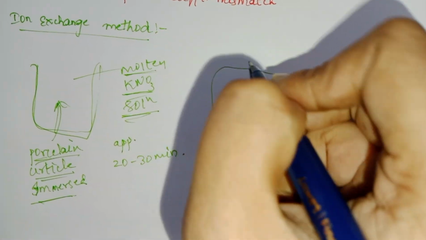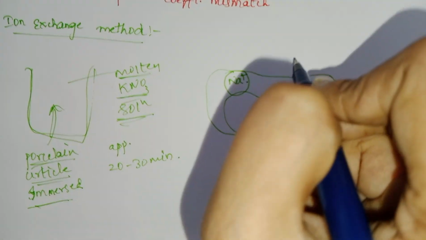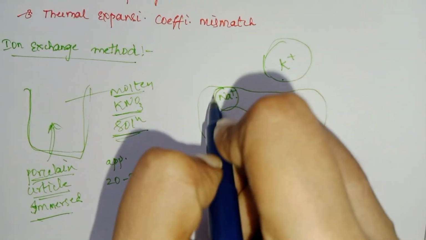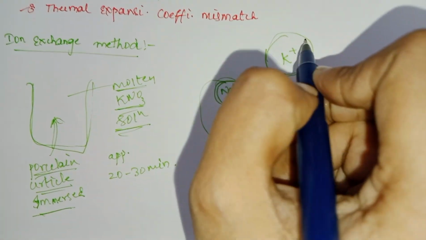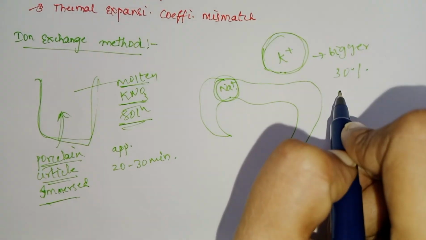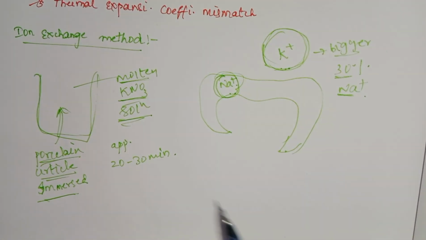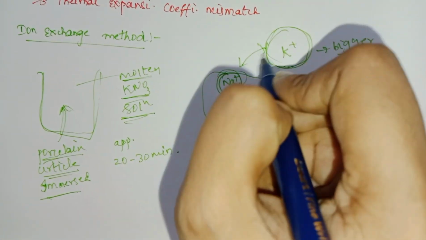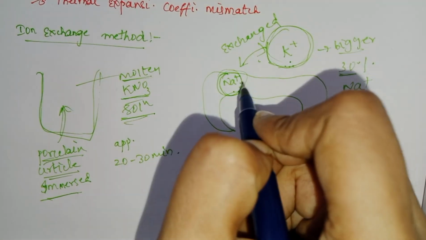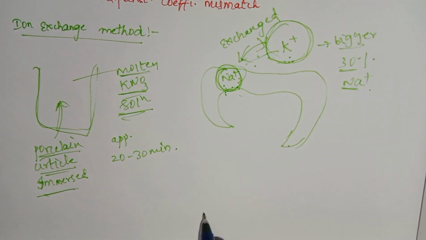At this time, the sodium ions which are present here and the potassium ions. See, the sodium ion is very small in size and the potassium ion is bigger, approximately 30% bigger than sodium ions. When both ions get exchanged, the potassium ion fits here. The sodium ion is replaced by the potassium ion.